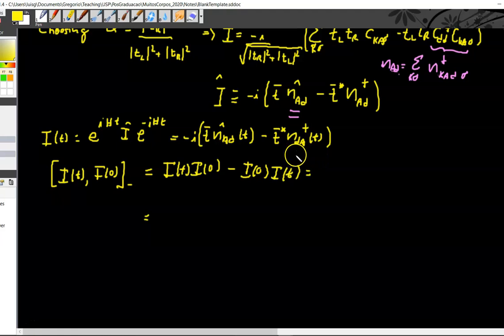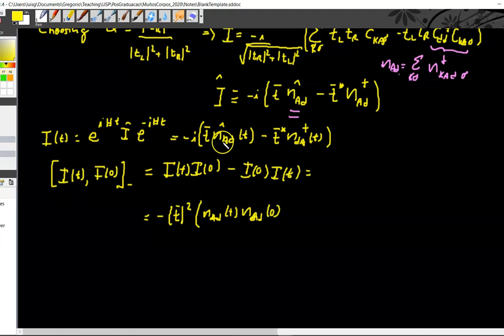This would be then minus t squared, right? Because I have this here. I could calculate, but it would be like n a d at T and a d at 0, right?